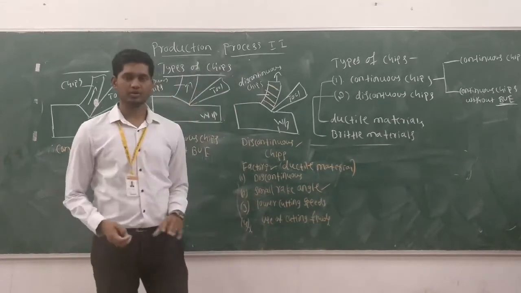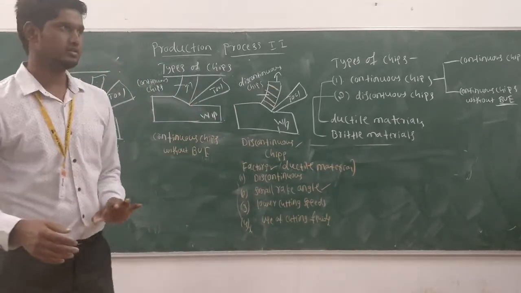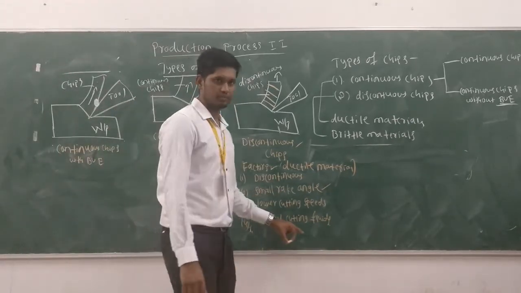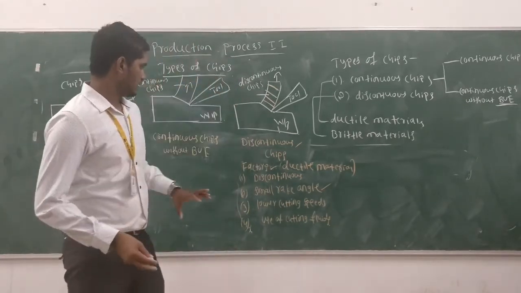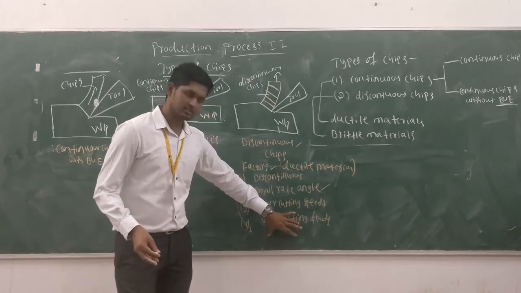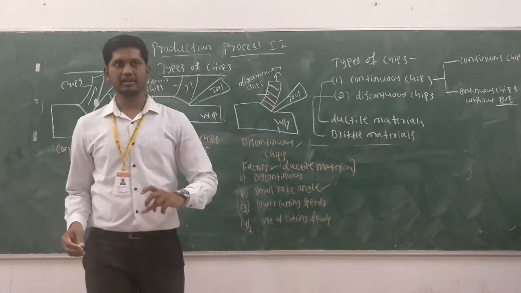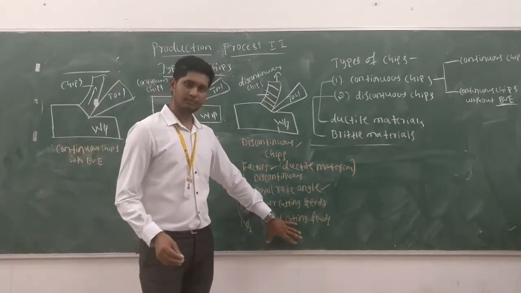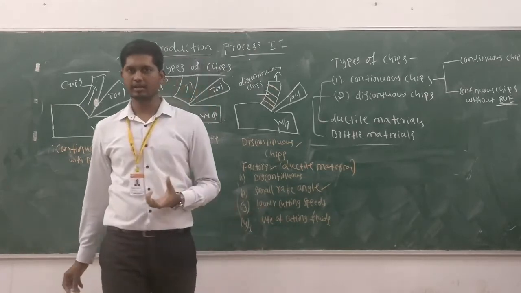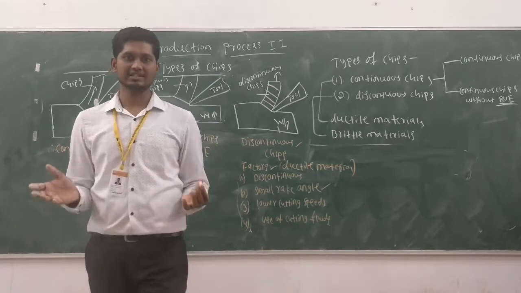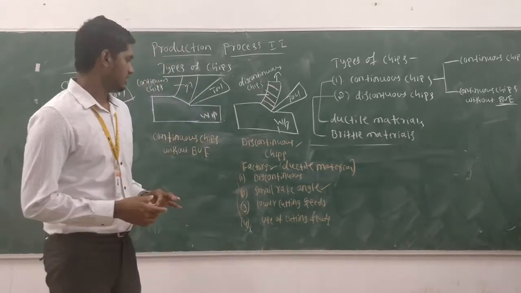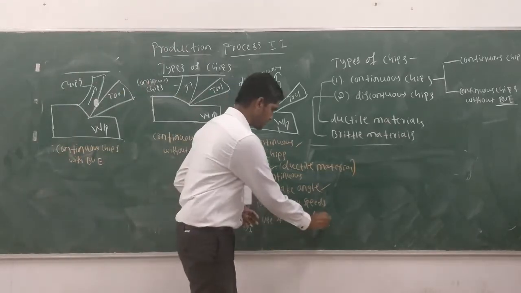Let me take this point. What happens when you use a cutting fluid is that the chip itself has a higher temperature and the cutting fluid is at normal temperature. When it comes in contact with the high temperature chips, contraction and expansion take place in a very short span of time.